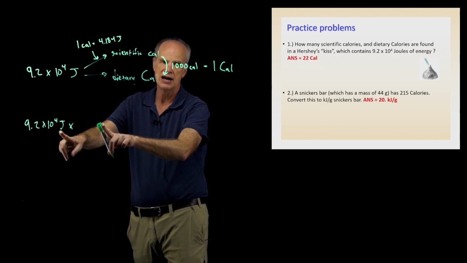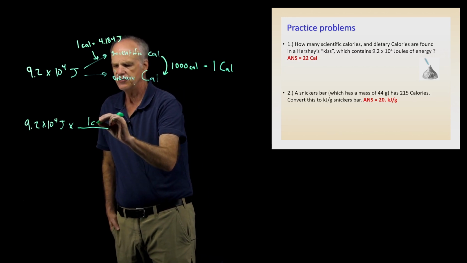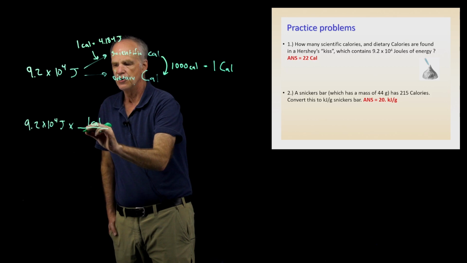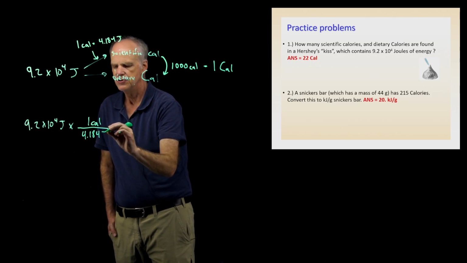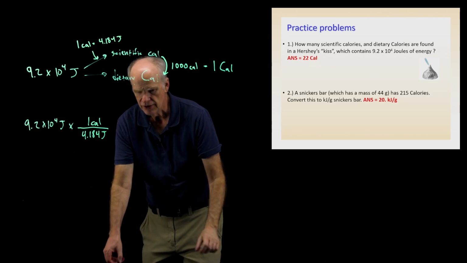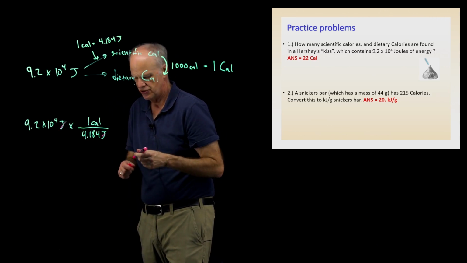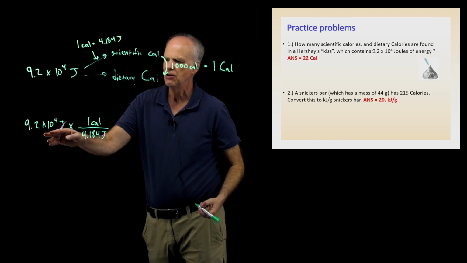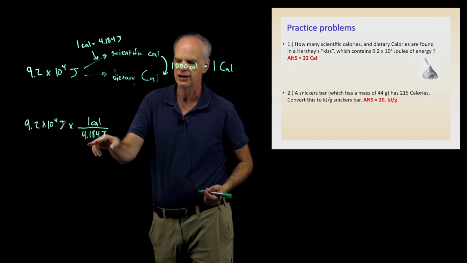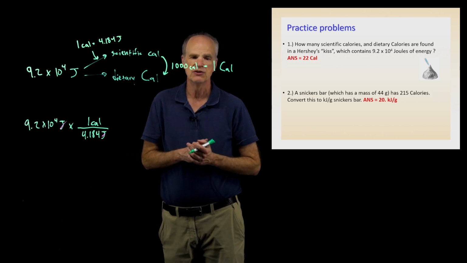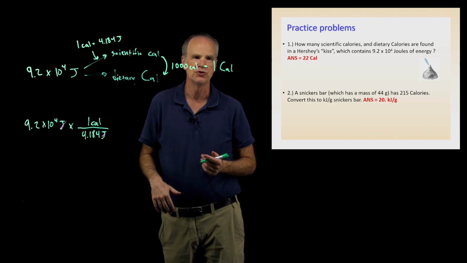And in the numerator, we have scientific calories. So I'm going to write here 1 scientific calorie over 4.184 joules. And so let's see where we're at this point. Joules cancels out, and so the math would be 9.2 times 10 to the 4 times 1 divided by 4.184. That should give us the number of scientific calories in 9.2 times 10 to the 4 joules.